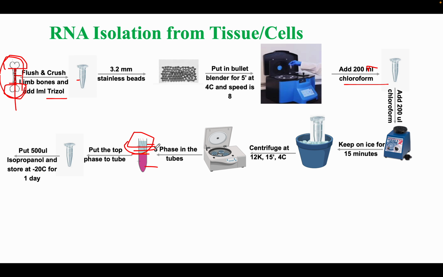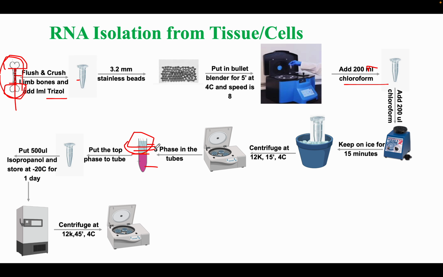And after that, I will put 500 microliter isopropanol. Isopropanol is known for precipitation of RNA, and I will put this tube in a minus 20 degrees centigrade refrigerator or freezer actually for 1 day. I can put it for 1 hour even, but I have optimized it in a way that 1 day is working for me.